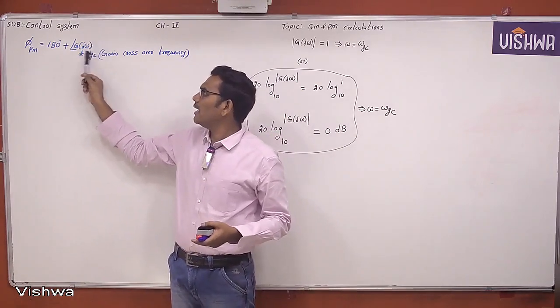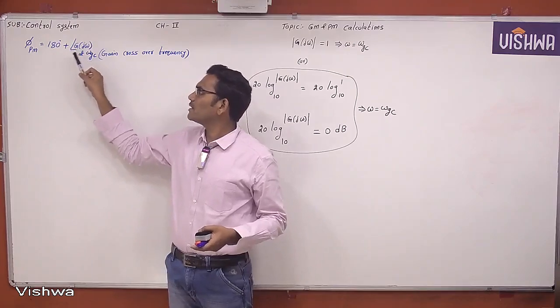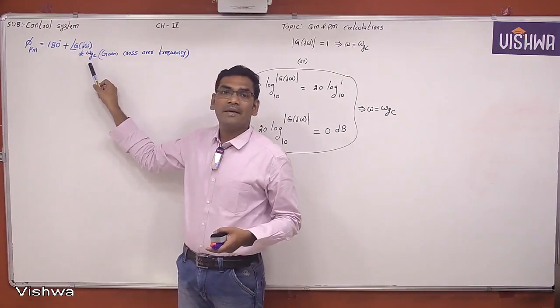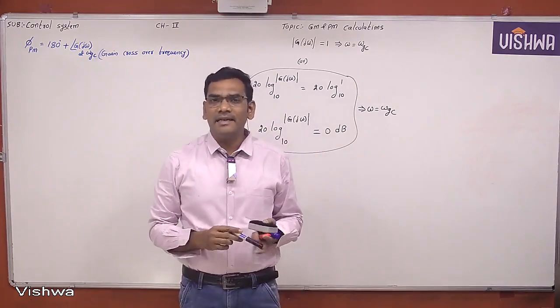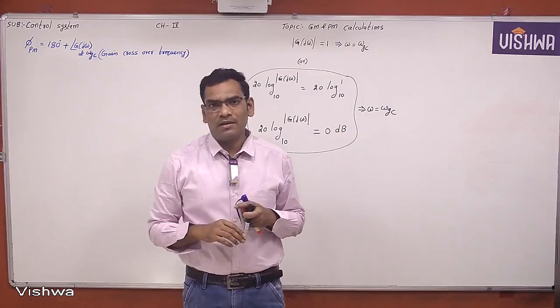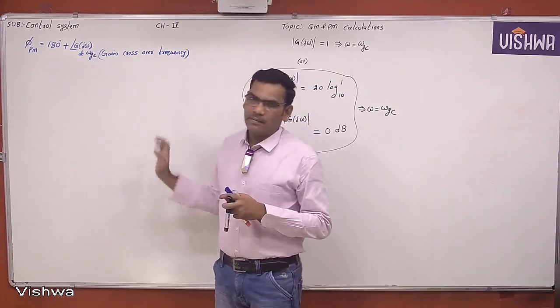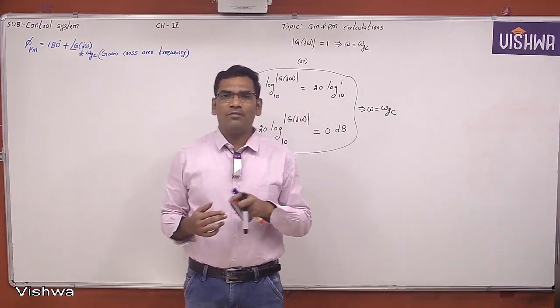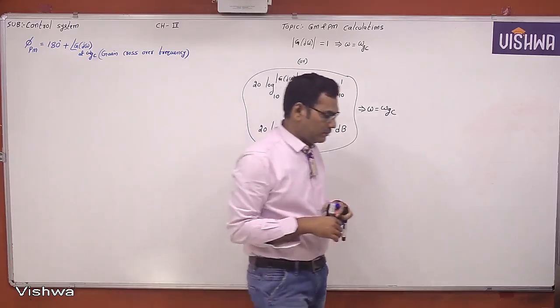If you measure the angle at the gain crossover frequency, that gives the phase margin, which is calculated for the open loop transfer function at the gain crossover frequency. Definitely there is a link between the open loop and closed loop control system. First, note down this definition and these formulas, and after that we will see how to find the gain crossover frequency and how to find the phase margin.